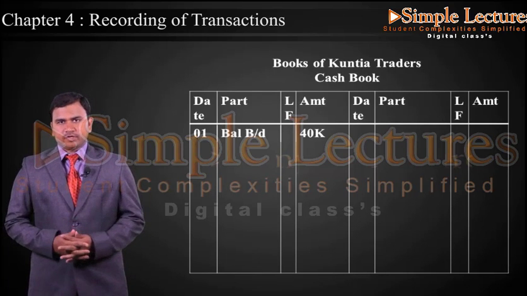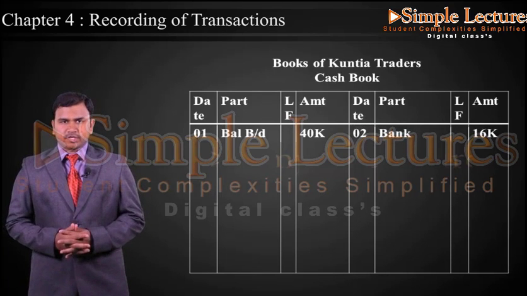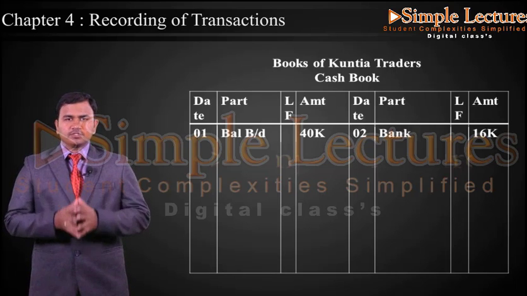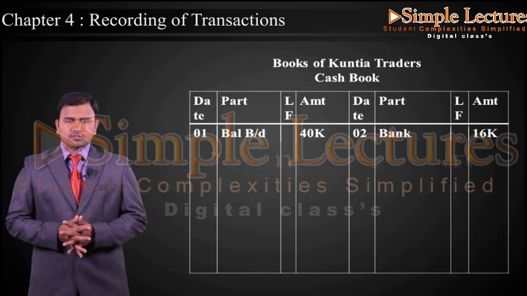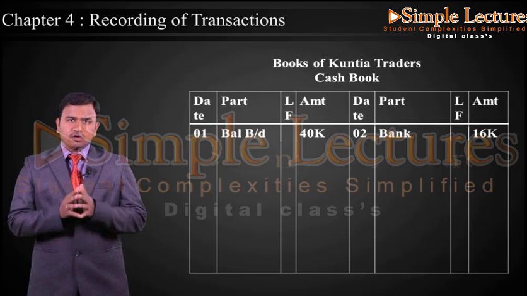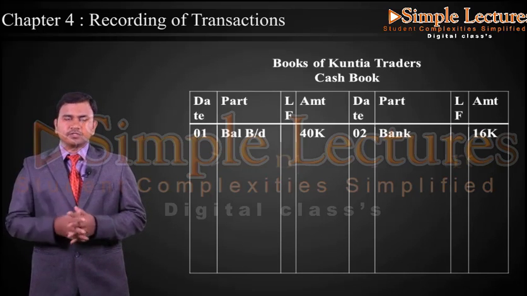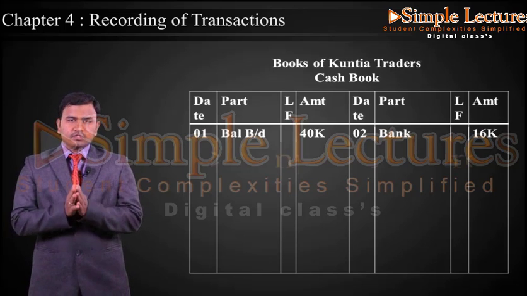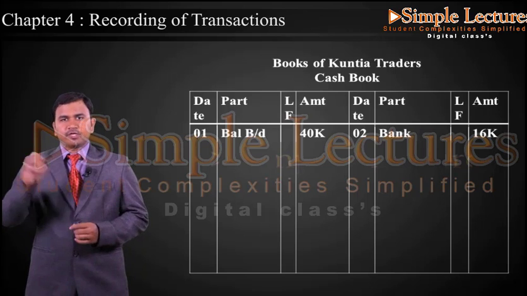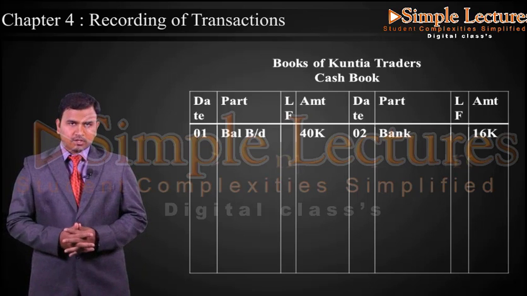Second transaction we have on September 2nd. Here we have deposited in bank 16,000. What cash we have first is 40,000, out of which we are going to deposit into the bank. On one side the cash is going outside, and on the other side it will be deposited in the bank account of the company.